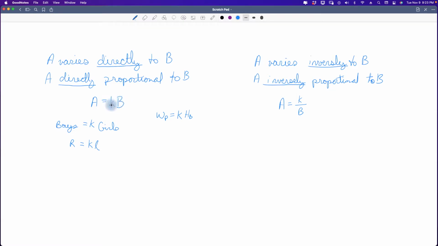This is multiplication, and the inverse operation of multiplication is division. So direct contact, which multiplies, inverse operation, which is division. If that helps you to remember directly and inverse and the formula that goes with it, then that is good.